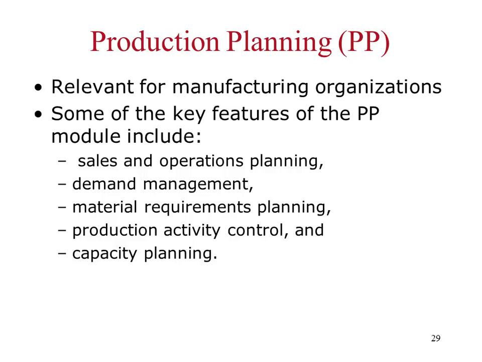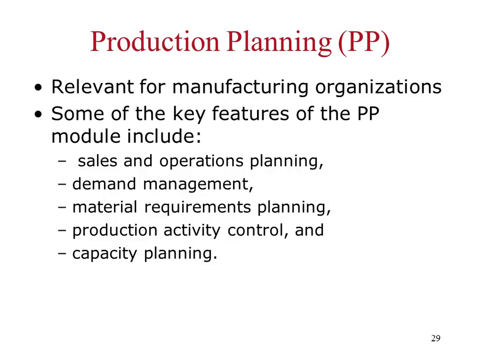Then you have a module for yet another business cycle, which is production planning. If you are a manufacturer, manufacturing goods, this is a module that you definitely should use. It's kind of what we talked about today, MRP, material requirements planning.